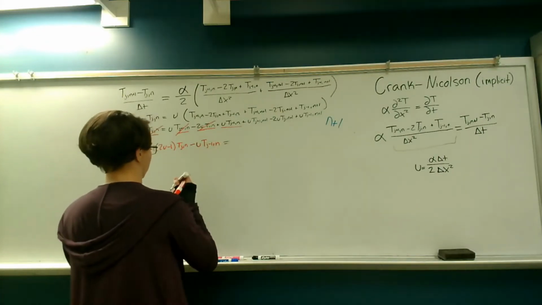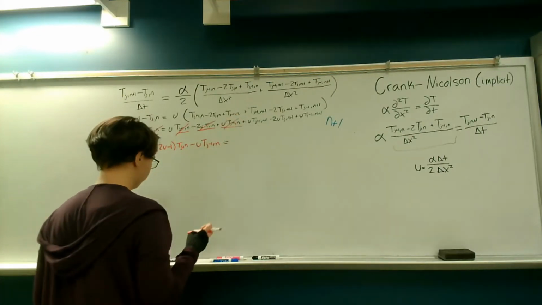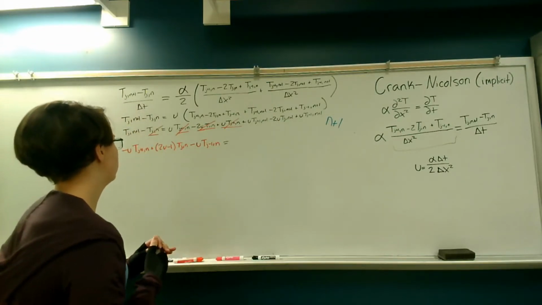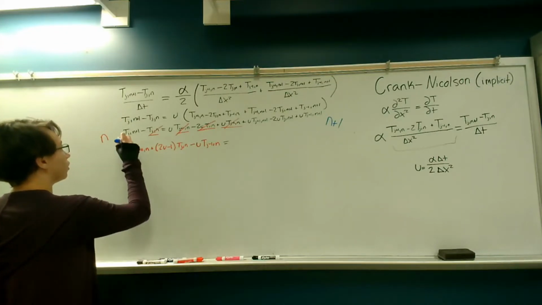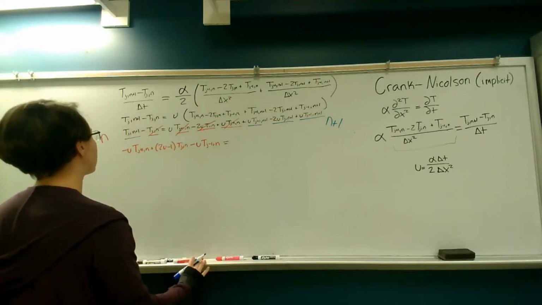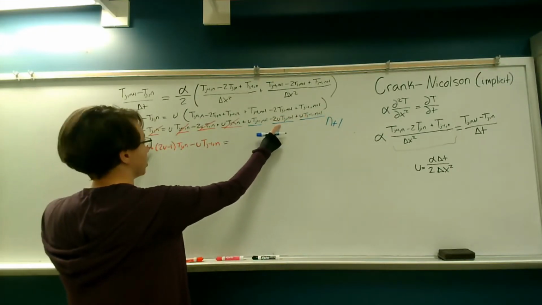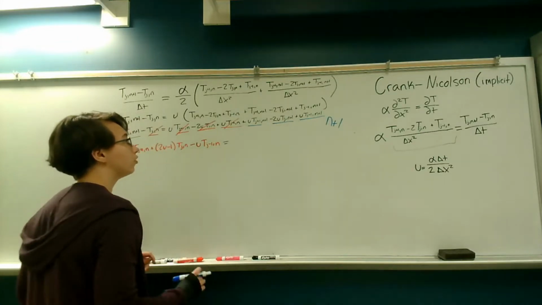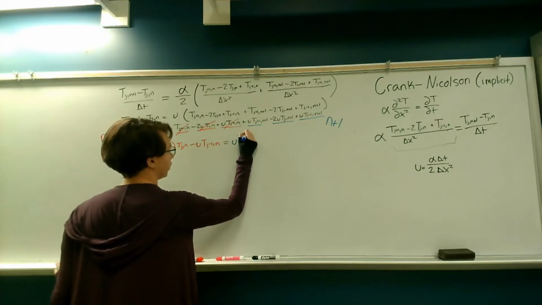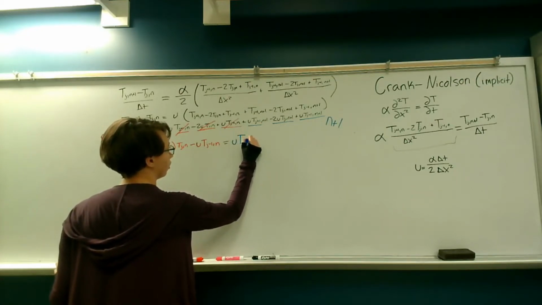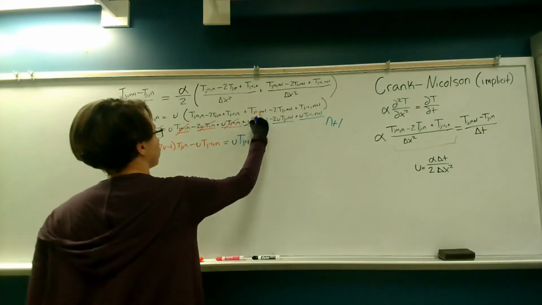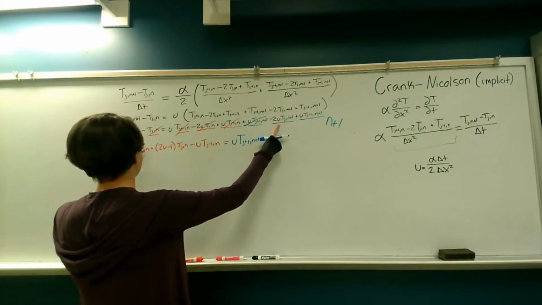Now we need to do the other side. For this side, we've got this term, that one, and that one. Again, we've got a j plus 1, 2 j's, and 1 j minus 1. So we'll start with j plus 1 again. That's on the first side, so we'll keep it. Then we got these two.